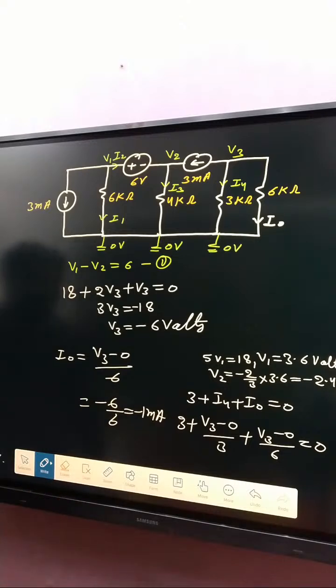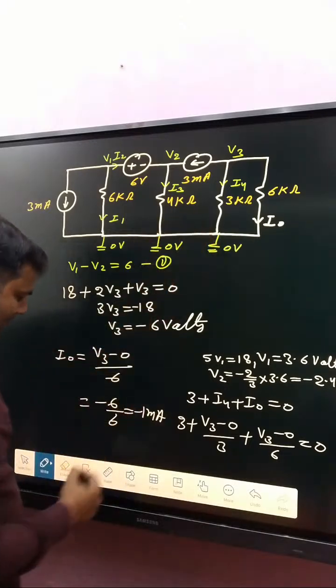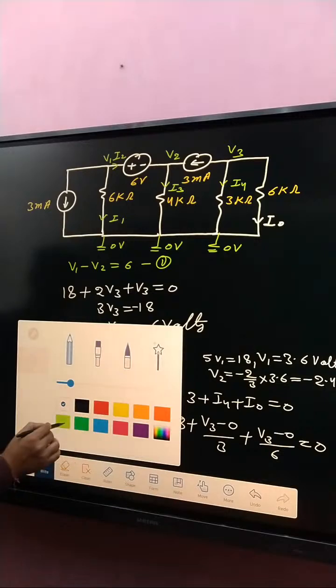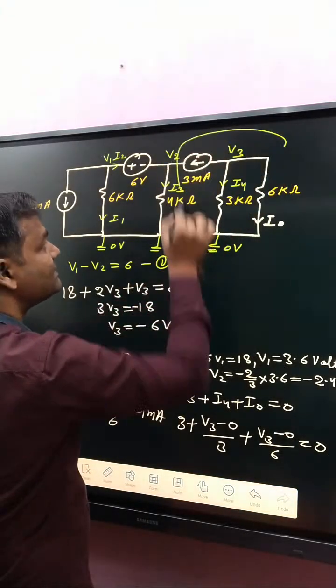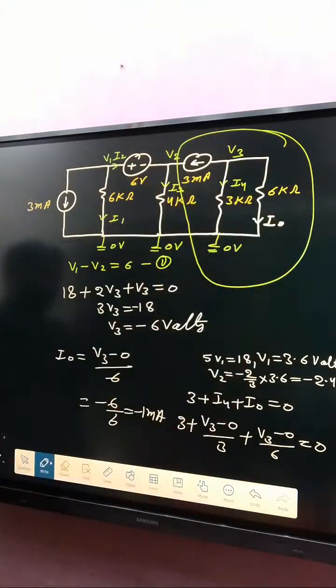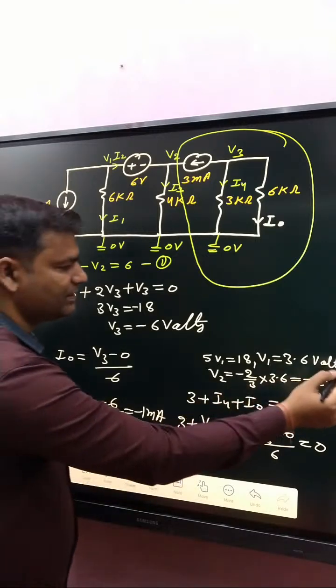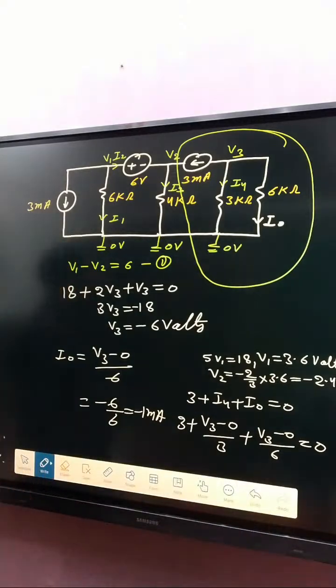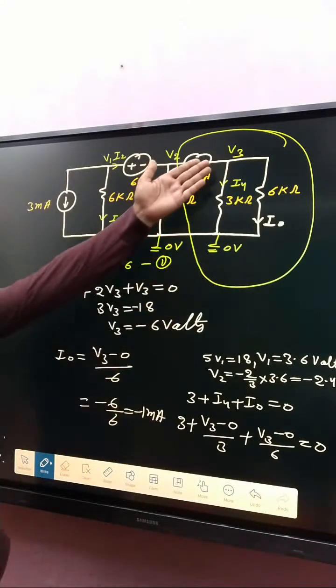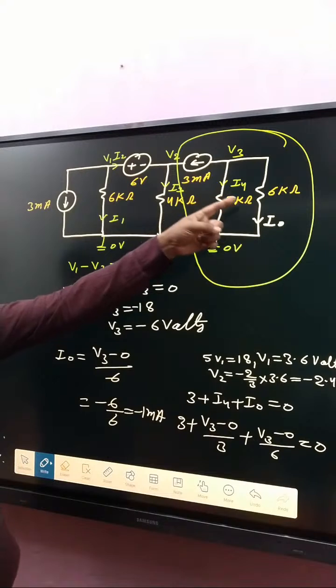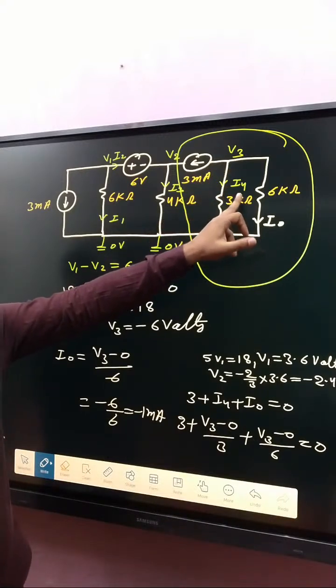Simple. Basically simple. If you apply nodal analysis here, only this portion, then we got the result. No any need corresponding to V1, V2. Okay. Simply apply nodal analysis here. Our motto is to determine I0.